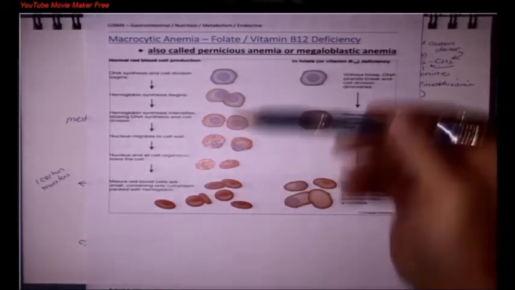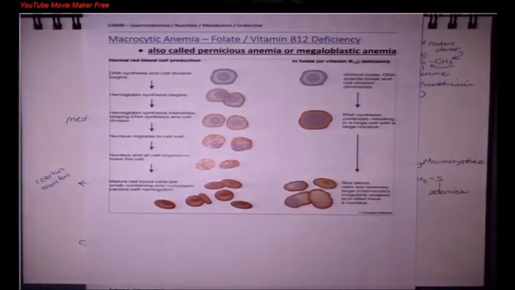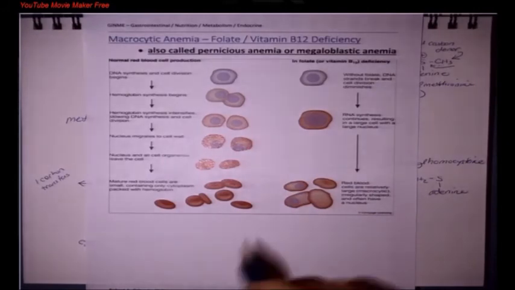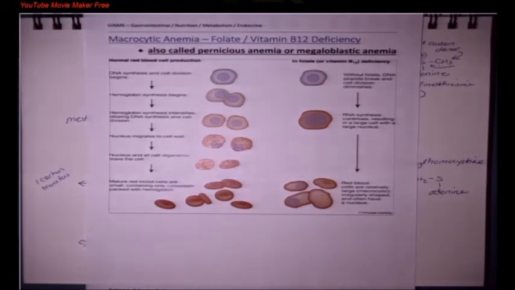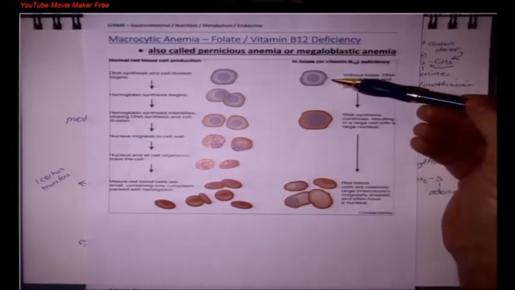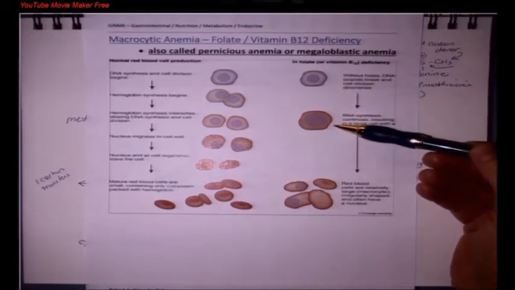So what we will have on here are normal-sized red blood cells with the proper hemoglobin concentration, with the proper iron bound to that hemoglobin. Now, if we have a folate and B12 deficiency, cell replication is going to be compromised. It's going to be slowed. The RNA synthesis is going to continue.